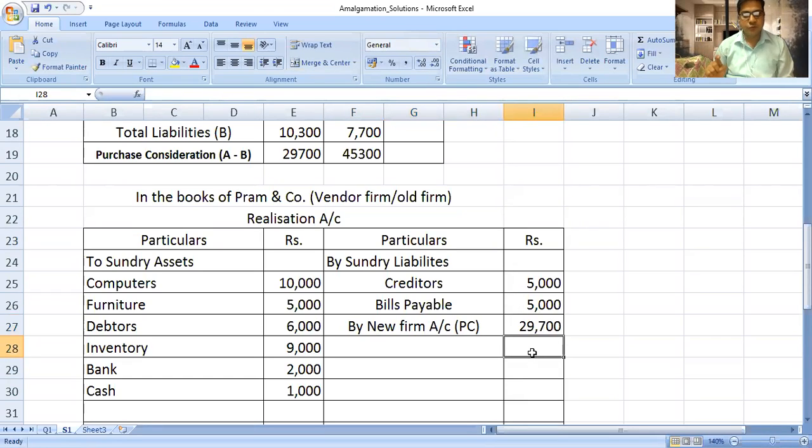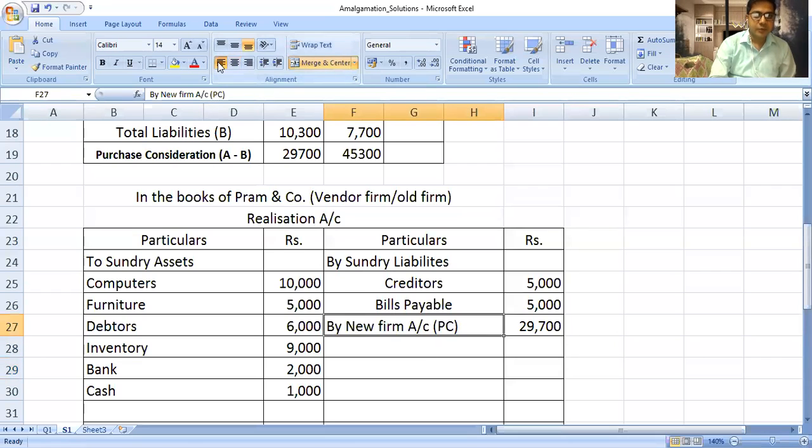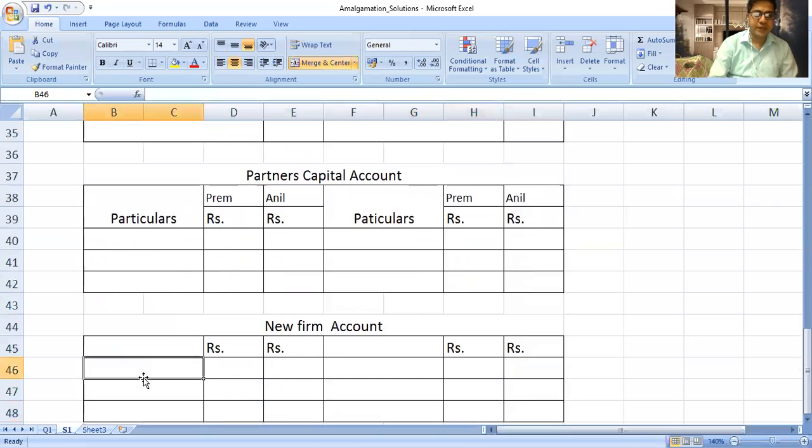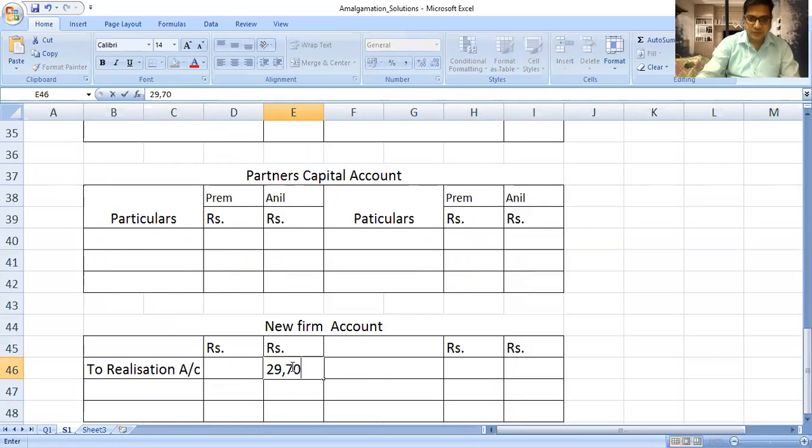Now friends, the new firm account ledger we have also prepared already. In the realization account credit side we recorded the new firm account. The same entry we will post to the debit side of the new firm account ledger, and we will record the value of purchase consideration, that is 29,700.